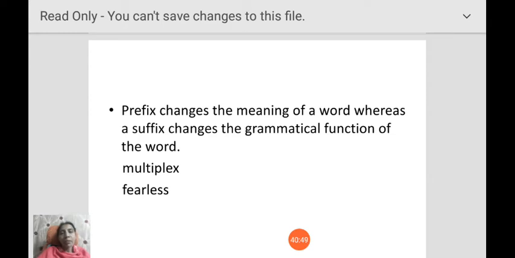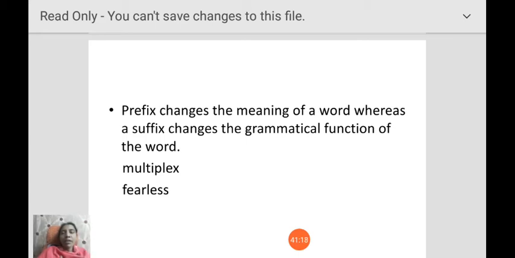Let us take the word multiplex, multinational. Here the meaning of the word is totally changed. But when it comes to the second one, let's take the word fear. Here only the grammatical function of that word is changed. The word class is changed, we can say.